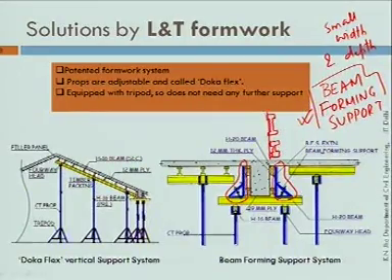So here you have plywood, you can notice this is the plywood and there is one H20 beam here, on both sides, and then this is a steel component. The blue one is the steel component.